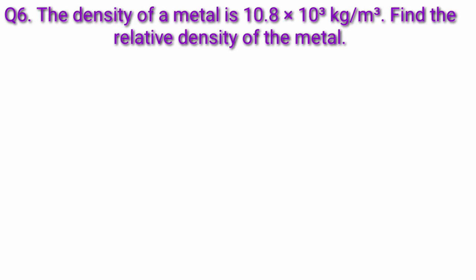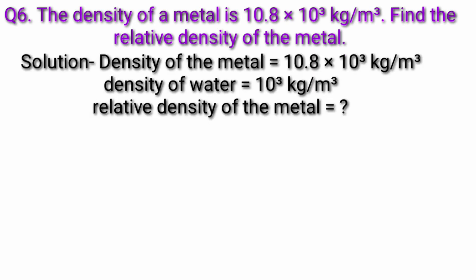Now question 6. The density of a metal is 10.8 multiplied by 10 to the power 3 kilogram per meter cube. Find the relative density of the metal. Solution.